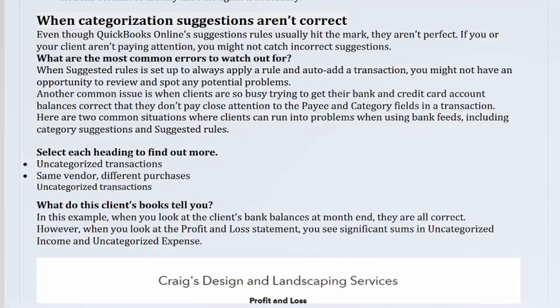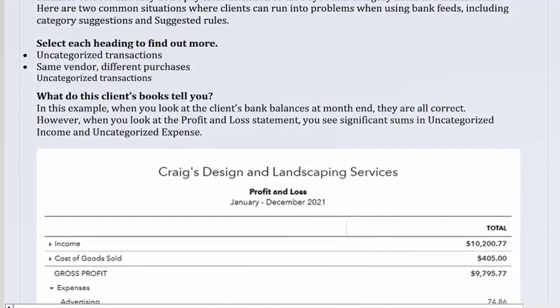Here are two common situations where clients can run into problems when using bank feeds, including category suggestions and suggested rules. Select each heading to find out more. Uncategorized transactions. Same vendor, different purchases. Uncategorized transactions. What do this client's books tell you?